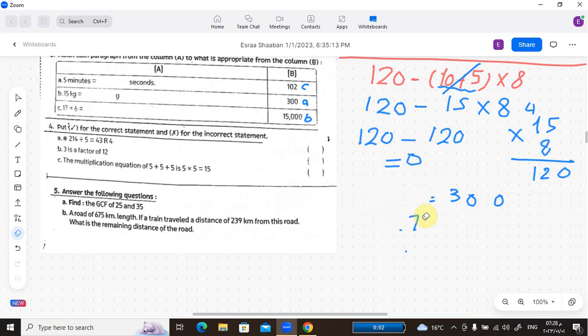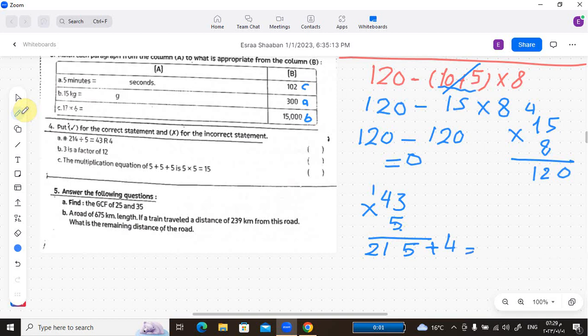So here the quotient is 43 times the divisor. 43 times 5. 5 times 3 equals 15. 5 and carry 1. 5 times 4 equals 20. 20 plus 1 equals 21. After that add the remainder, 4. 5 plus 4 equals 9, and drop the 1 and 2. So the dividend must be 219. Here it's 214, so this is wrong.